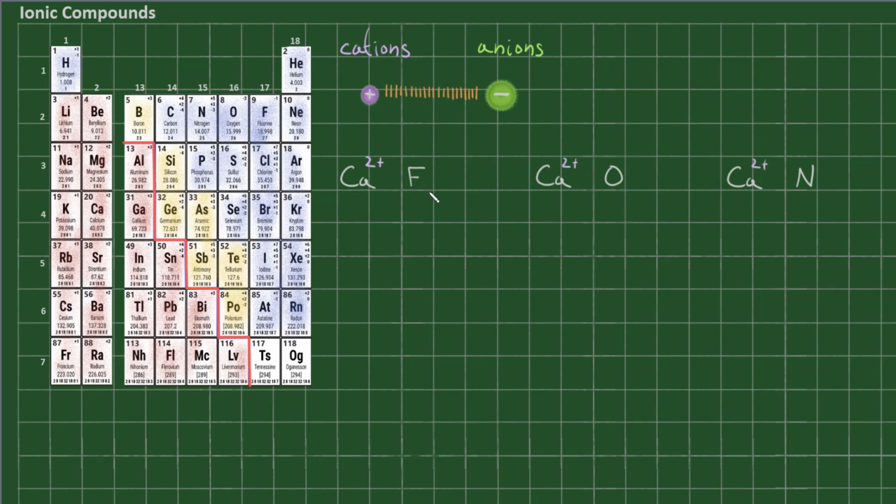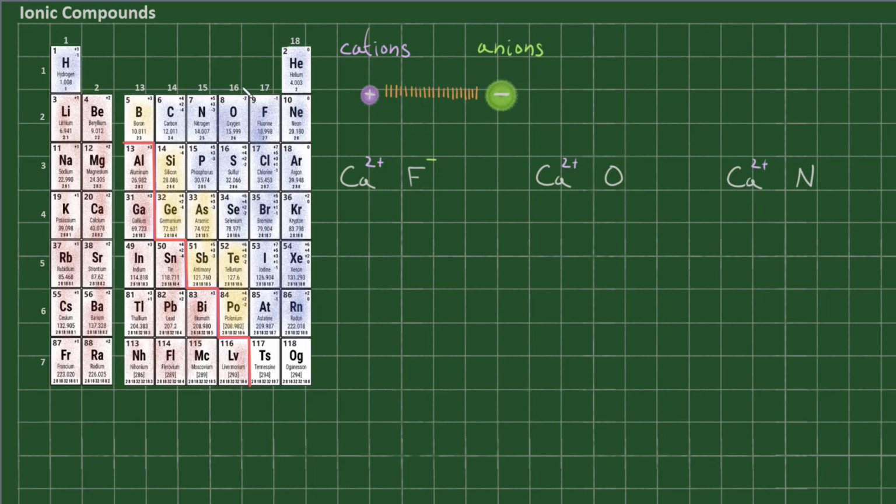What about fluorine, oxygen, and nitrogen? Each one of these is a non-metal. This means that they will accept or gain electrons. In other words, we will end up with anions. Based on its position in the periodic table, fluorine will gain 1 electron, so we will end up with a negative charge.